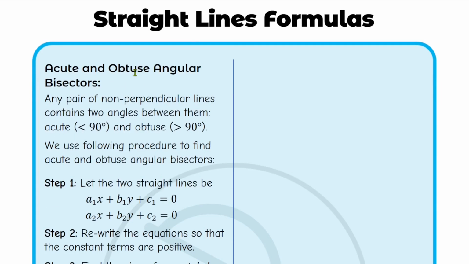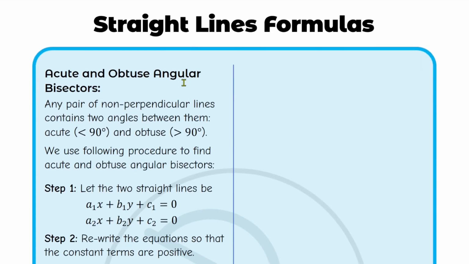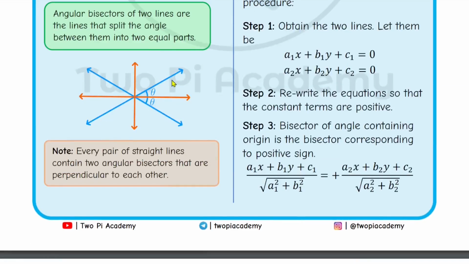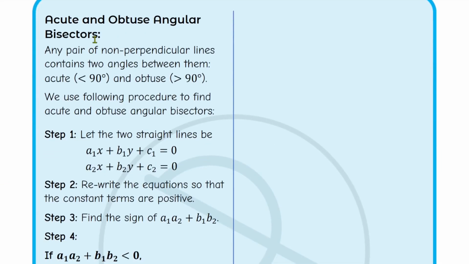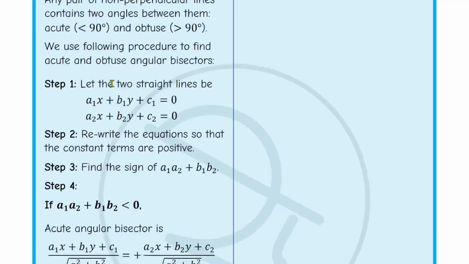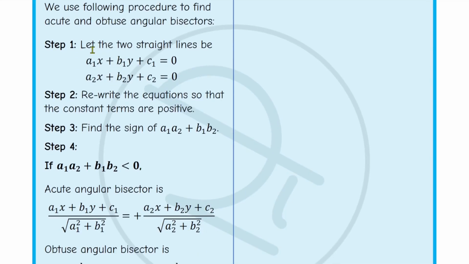And lastly, we have acute and obtuse angular bisectors. As we said before, a pair of straight lines have two angles between them, right? One of them will be acute and the other will be obtuse. And let's say you need to find the acute and obtuse angular bisectors separately. To do that, we use the following procedure. Once again, let the straight lines be the following and rewrite the equation so that the constant terms are positive.